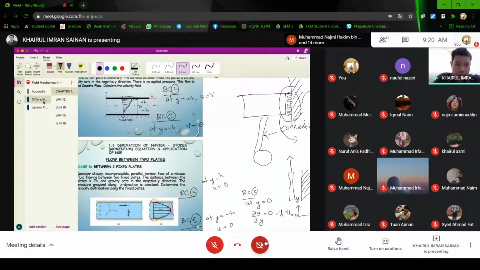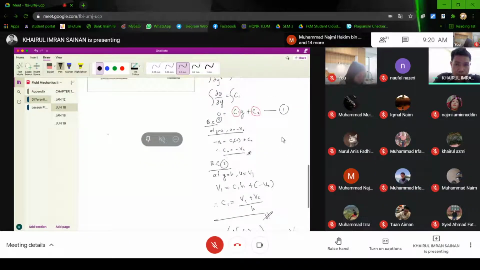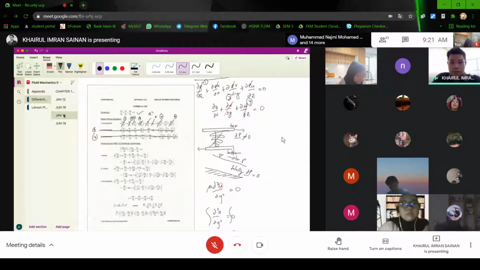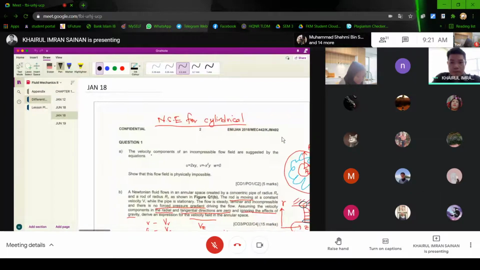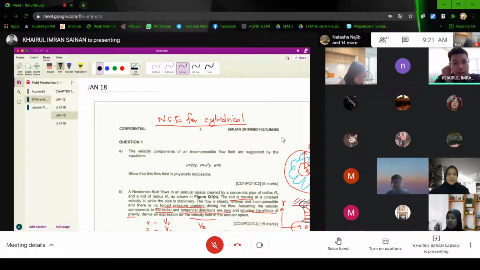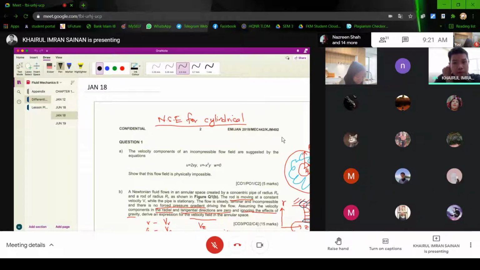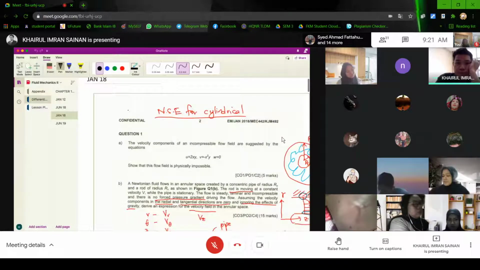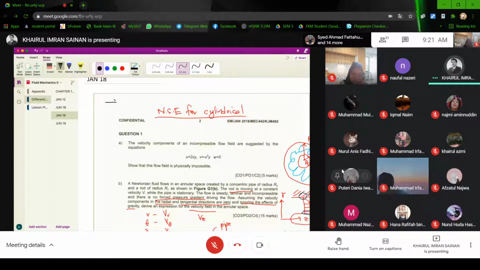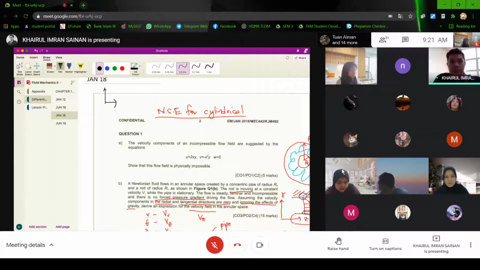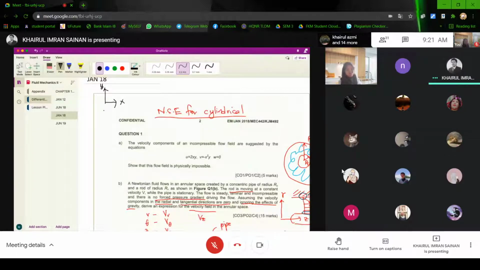So next, what we're going to do is analyze Navier-Stokes equation for cylindrical coordinates. For Cartesian coordinates it is x, y, and z, right? This is x, this is y, this one is z.